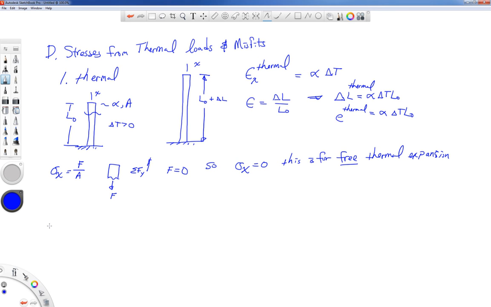Another thing that I want to point out is you may be tempted to use Hooke's law to relate stresses and strains. And it turns out that the Hooke's law that we have, sigma is equal to E epsilon, relates what are called mechanical stresses and strains.